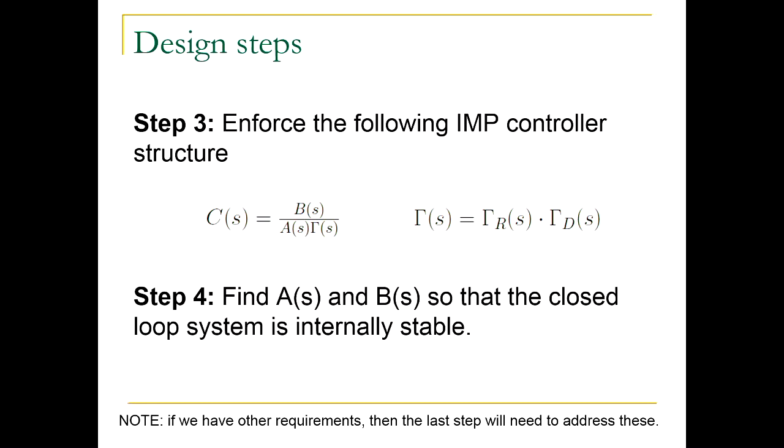Impose the structure of the controller where gamma is now imposed to satisfy zero steady state error for these references and disturbances. And then you need to design B and A so that the closed loop system is stable. These are the steps that you need to follow to apply the internal model principle, right?